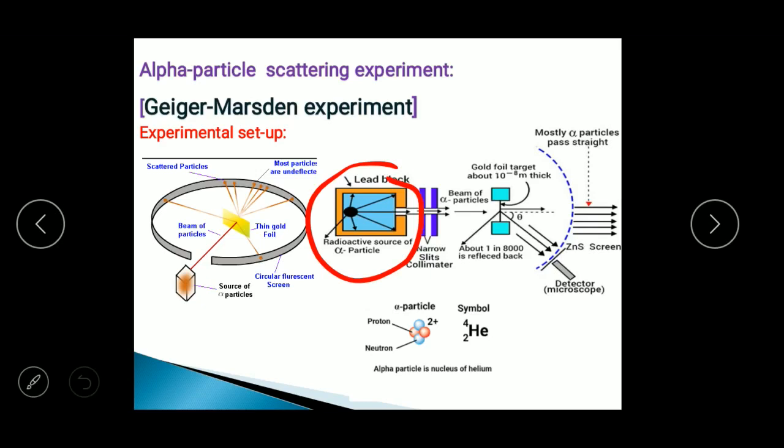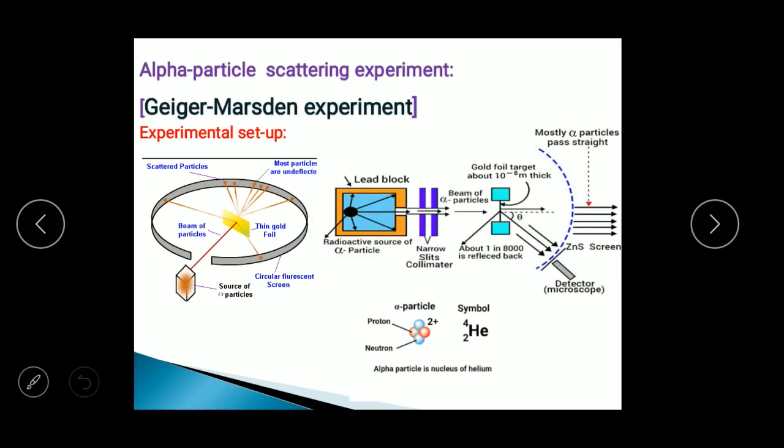Inside the lead block, a radioactive element is placed, which is a source of alpha particles. That radioactive element gives the alpha particles due to the radioactivity phenomenon.